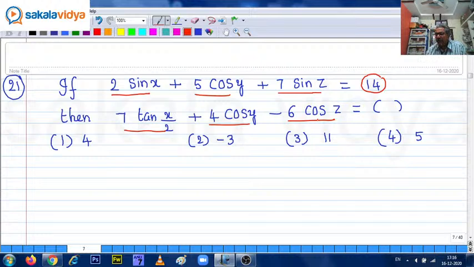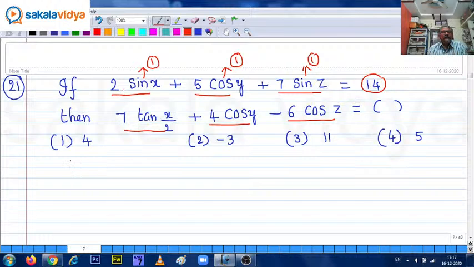That we need to find out. Just by observation we need to get it. Suppose sin x is equal to 1, cos y is equal to 1, sin z is equal to 1. What do you get? 2 plus 5 plus 7, that is 12 plus 2, 14.